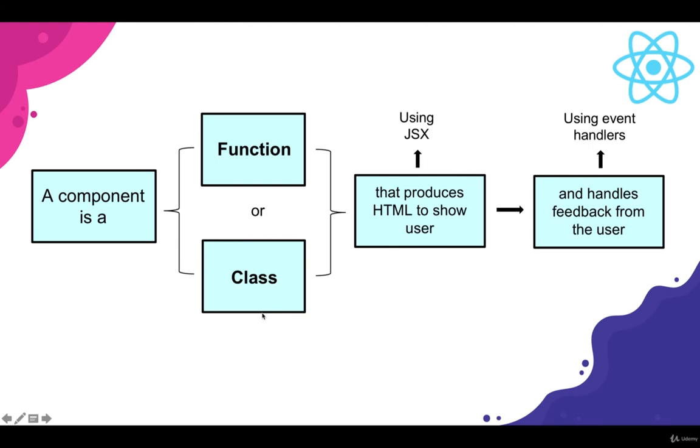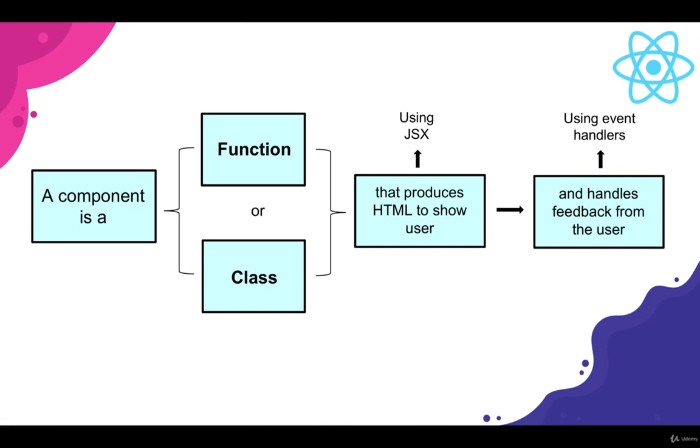The purpose of a component, either a function or a class, is to produce HTML that we're going to show to the user. Now, its secondary purpose is to handle feedback from the user. For example, anytime that the user clicks or types or drags or any type of event like that.